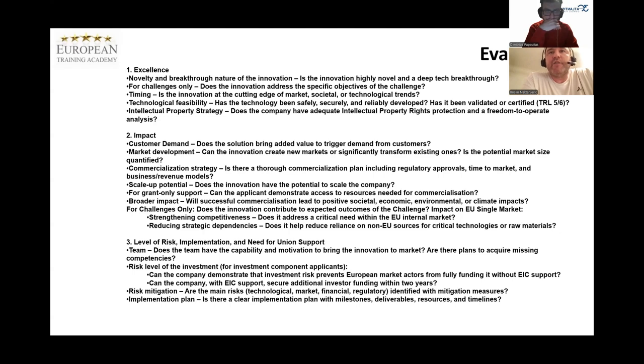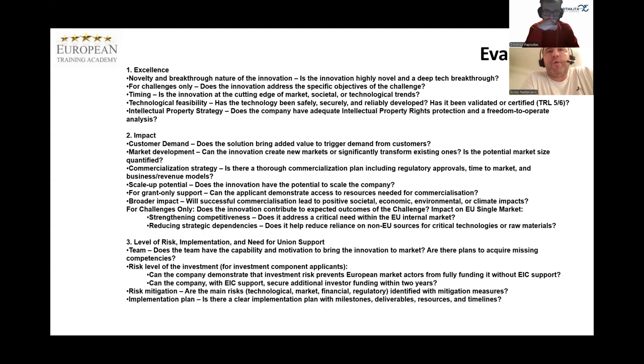Commercialization strategy is how you're going to go further from where you are to mass scale commercialization. You need to have a very convincing story for each step. Scale-up potential: does it have the potential to go to the market size that you're claiming, which will essentially be unicorn size?